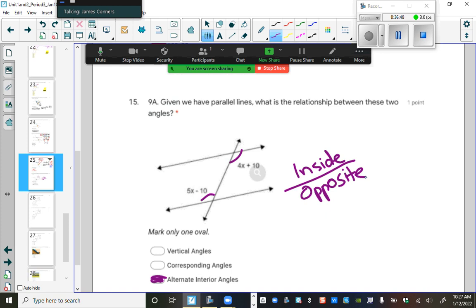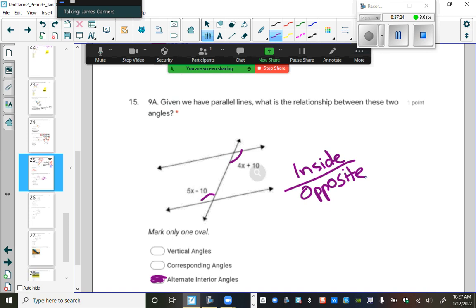So if we have that, what do we know about their relationship? They're alternate interior angles. What will the relationship between the two angles be? Who remembers? They add up to 180.